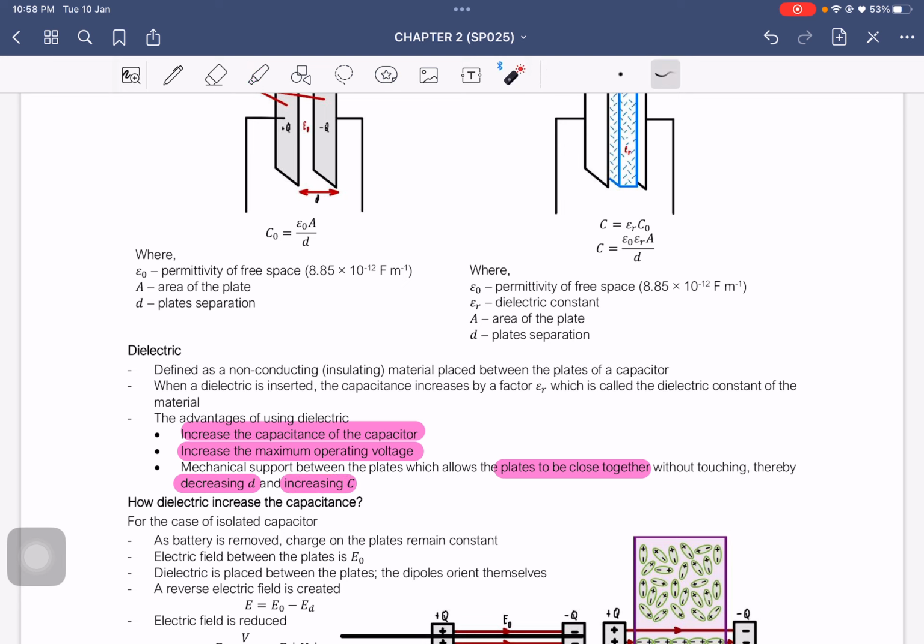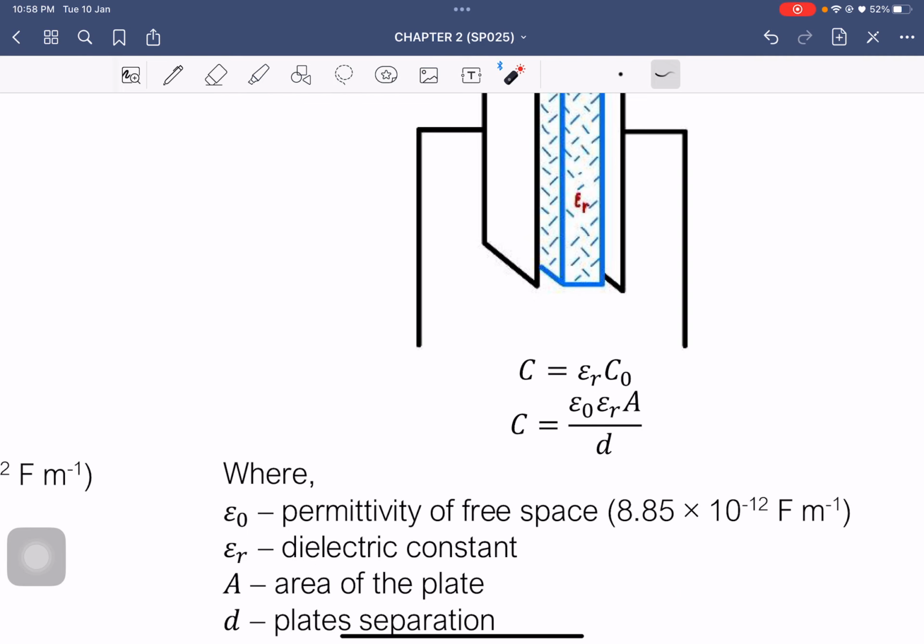Okay, so it's like a bridge, a bridge that is not even touching, but it helps the electron, I would say, jump. Okay, is it even logical?